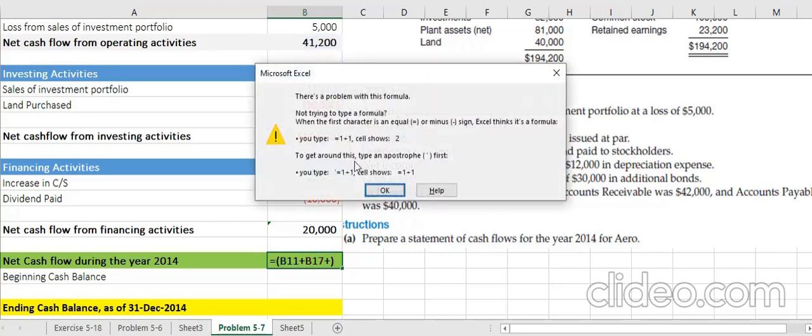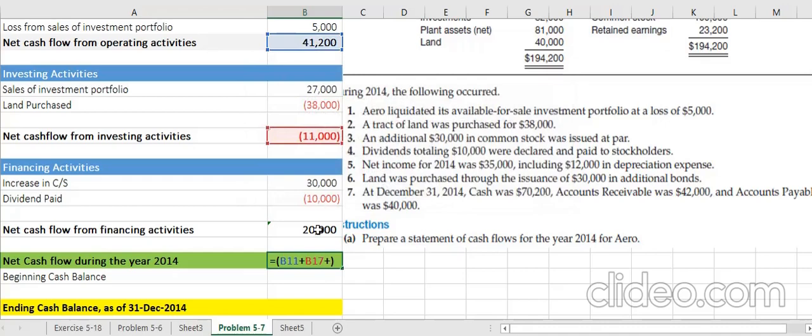So it will be 41,200 minus 11,000 plus 20,000. During 2014, in these 12 months, net cash generated was $50,200.